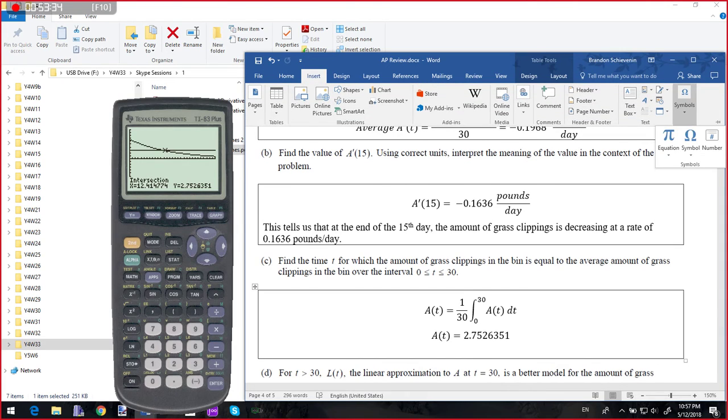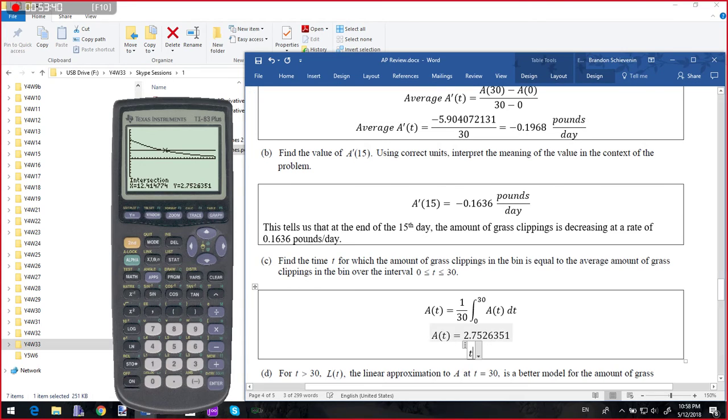I think having the calculator is stealing my focus away from the Word document. Okay, 12.414774. And then this is in days. Okay, any questions on what we did?